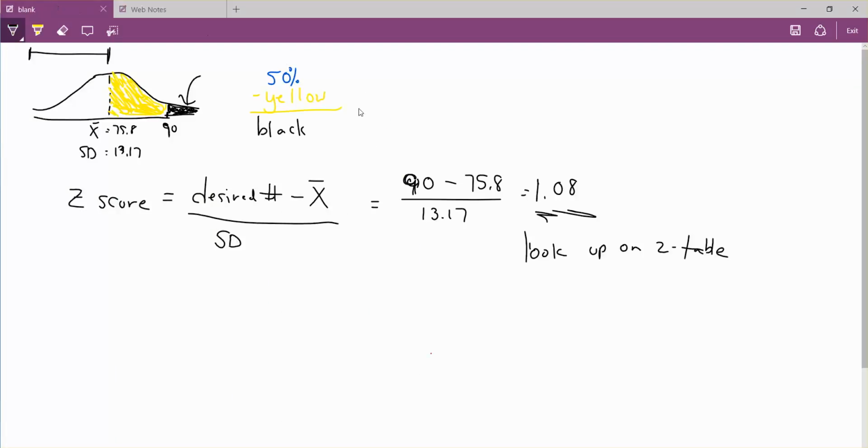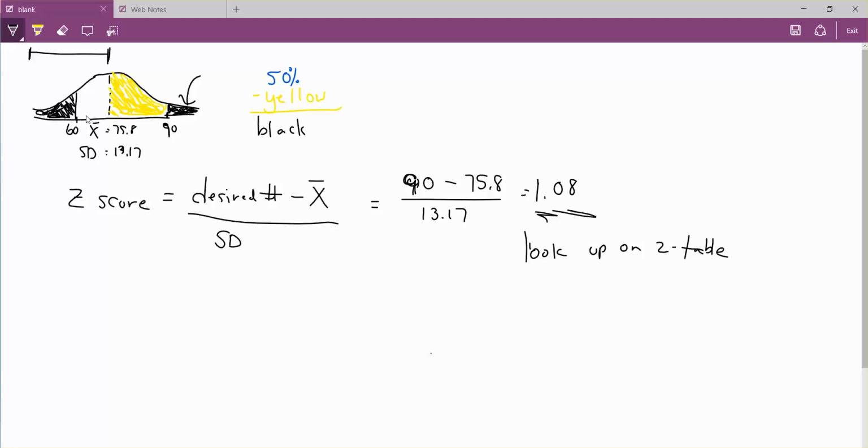Now I might also be interested in knowing what percentage of my students score 60 or below. So that would fall to the left of the mean of 75.8. So this time I'm interested in this black shaded area.